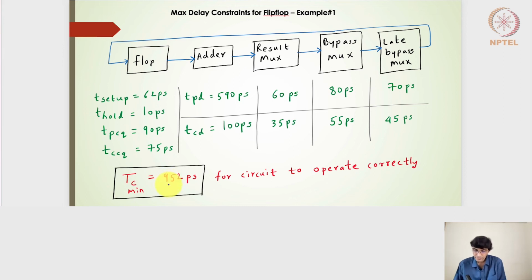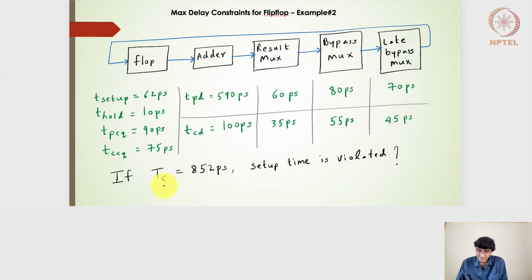This is what we get: 952 picoseconds should be the minimum clock time period so that we don't get into setup time violation. For the circuit to operate correctly, the period should be greater than that. If I choose 1000 picoseconds, that is very well good, that will be better, but it should not go below 952 picoseconds.